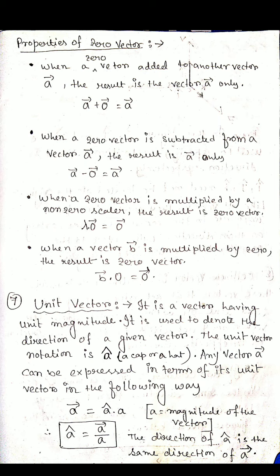But we cannot write 0, we write the 0 vector because its magnitude is 0. And when a vector is multiplied by 0, again we get the 0 vector. These are the properties of the 0 vector.